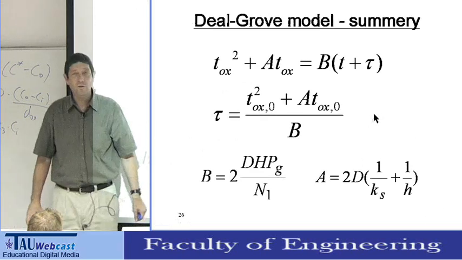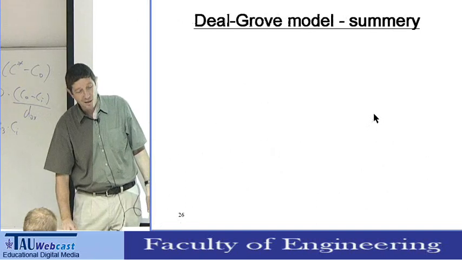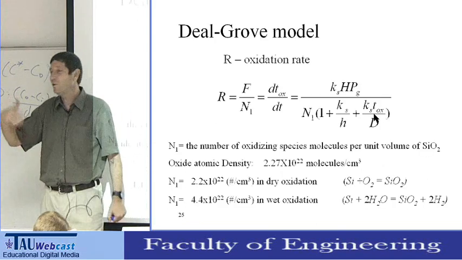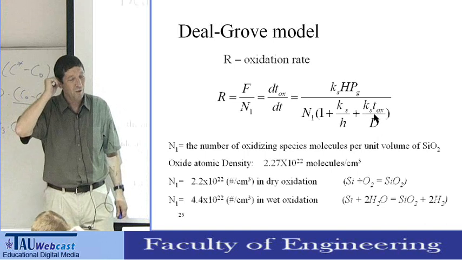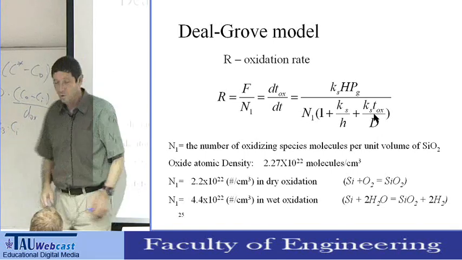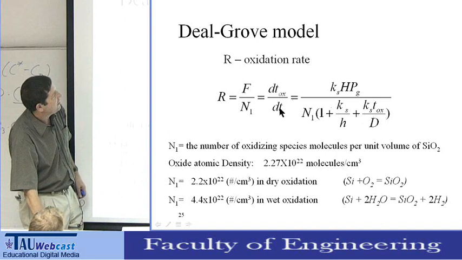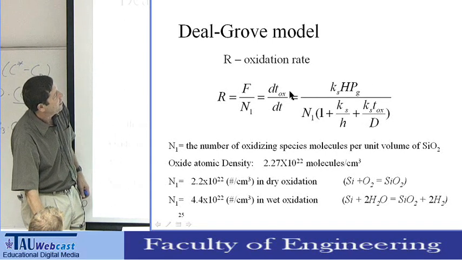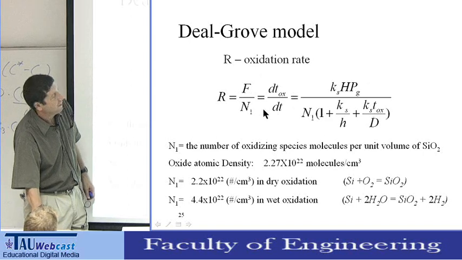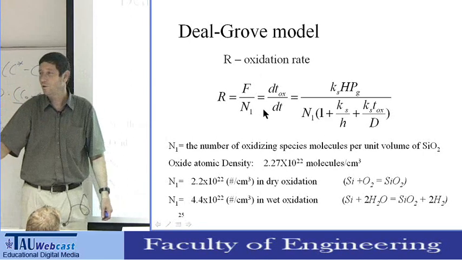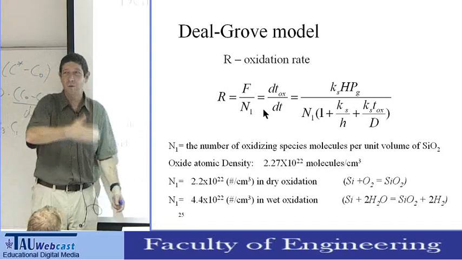So if I do the integration, I skip some steps. I'm not doing the integration. I assume that all of you know how to integrate, because what you should do is take this expression and move it to the left, take dt, move it to the right, and do the integral of dT oxide times this function between T oxide 1 to T oxide 2, and do the integral in time between T1 to T2.